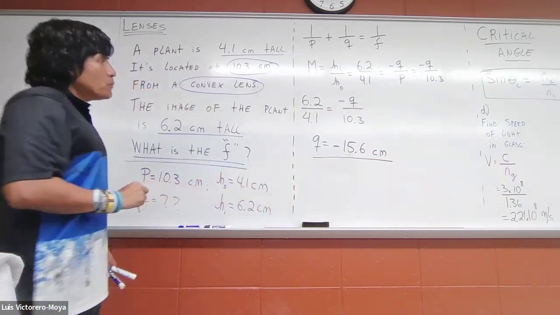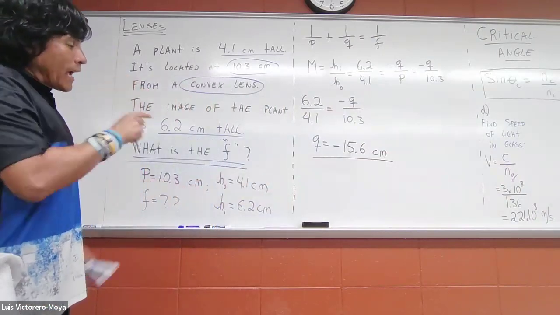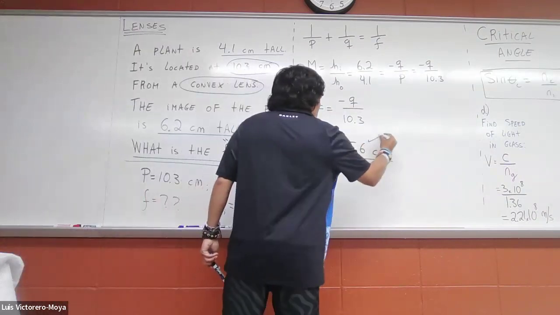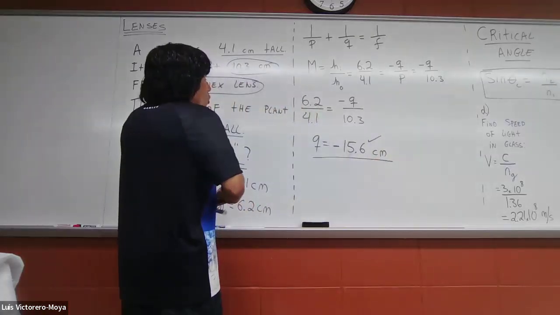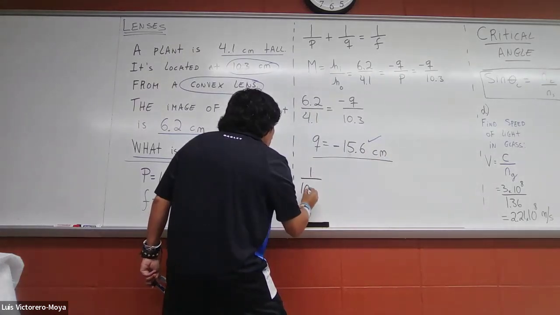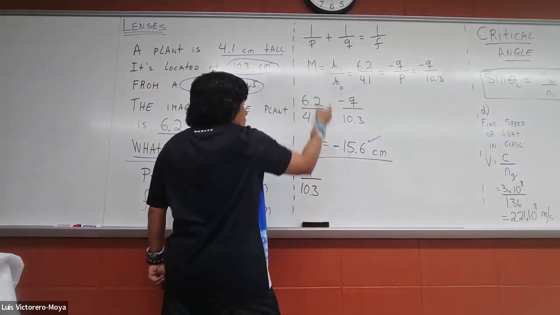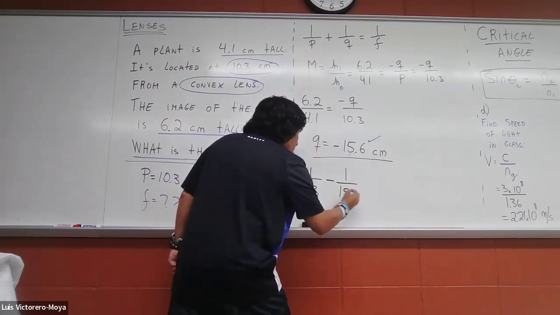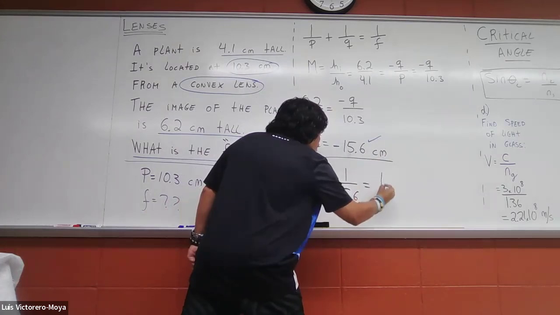So that's Q. So I have to be careful, right? Q is negative. So in my equation, 1 over P plus 1 over Q becomes minus 1 over 15.6.